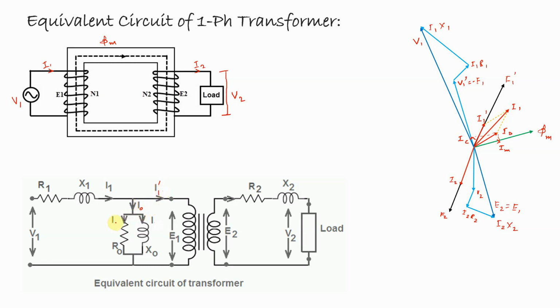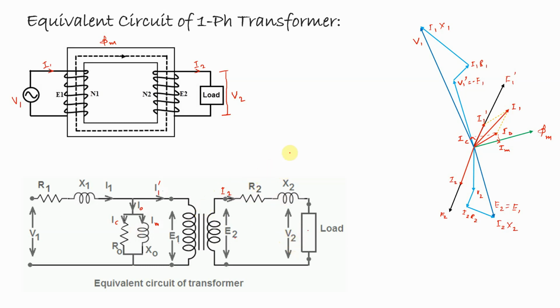I0 also has two components, one is IC, another is IM. Then here is the EMF induced in the primary side as well as the EMF induced in the secondary side. The current flowing in the secondary winding is I2. The resistance and the reactance of the secondary side, and this is the load, so the voltage across the load is V2.